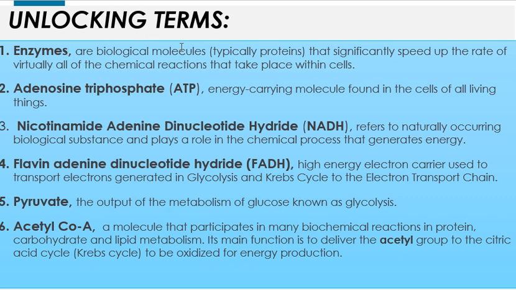They are biological molecules, typically special types of proteins, that significantly speed up the rate of virtually all of the chemical reactions that take place within cells. Or simply, they are special types of proteins that speed up reactions. So we will be encountering many enzymes. Next, we have again, going back and forth, adenosine triphosphate.